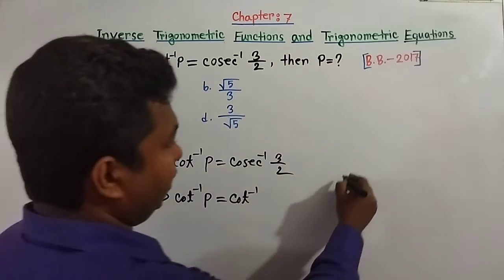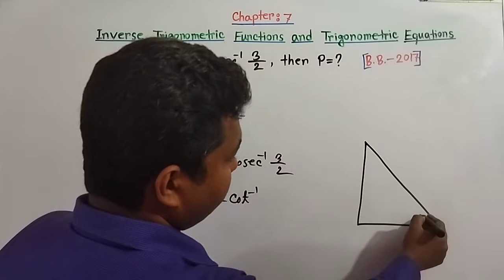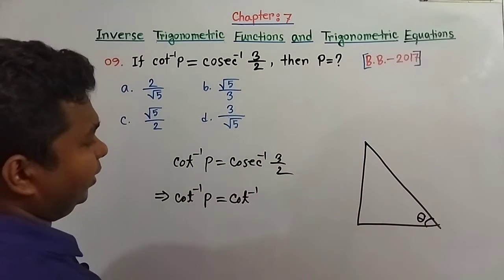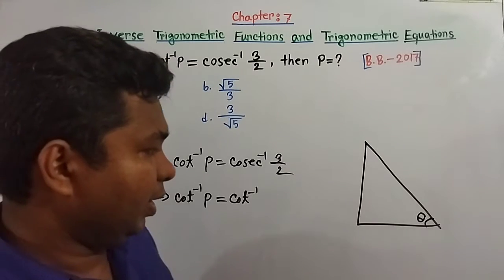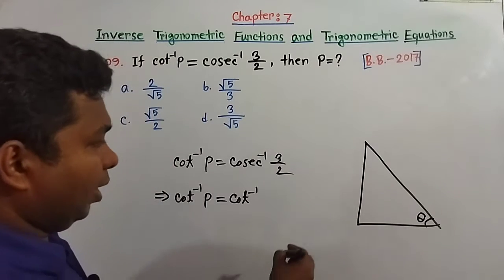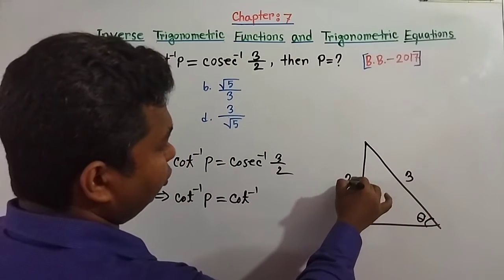For finding this value, we have to draw a right angle triangle. Let this be our acute angle theta, then cosec inverse 3 by 2. We know cosec theta equal to hypotenuse by perpendicular. So our hypotenuse will be 3 and perpendicular will be 2.